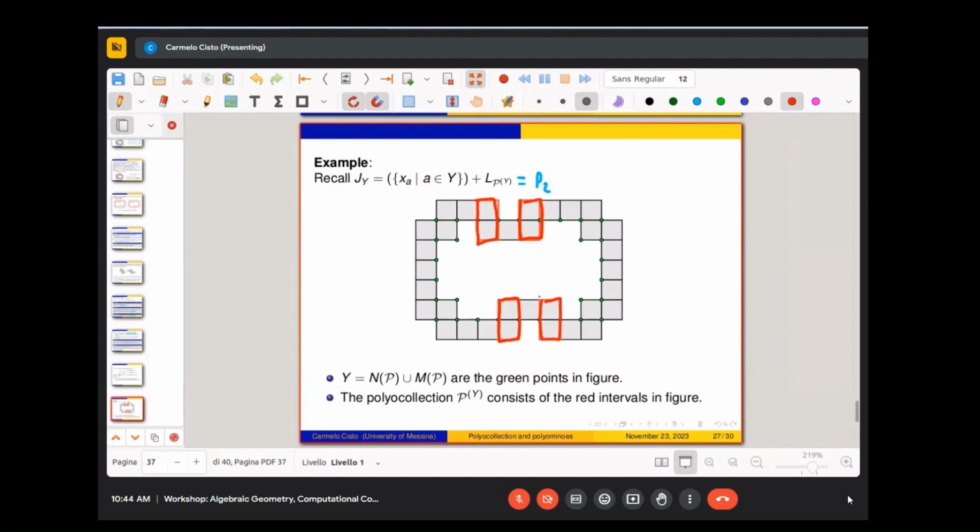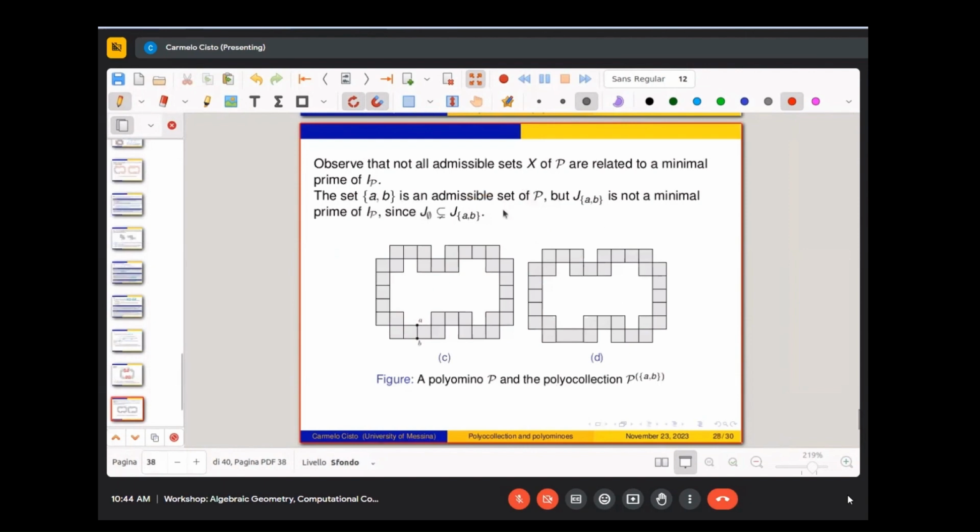The closed path allows us also to provide a counterexample of the fact that not all sets JX are minimal primes, because considering this closed path in figure C, the set of vertices AB in this position is an example of admissible set. But if I consider the ideal JAB, this is not a minimal prime, because we can prove that it contains the minimal prime that is J associated to the empty set.